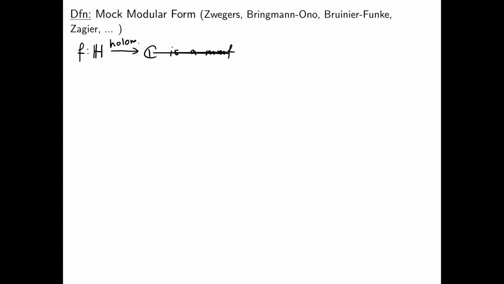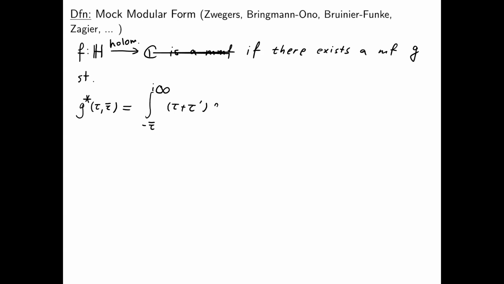Sorry, my tablet is acting up a little bit, but I say f is an MMF, a mock modular form, if there exists a modular form g such that, if we define g star to be what's called a non-holomorphic Eichler integral, as the name suggests, a non-holomorphic integral, and if we define such a thing with tau prime and subtract this function from the holomorphic function, then f behaves like a modular form.